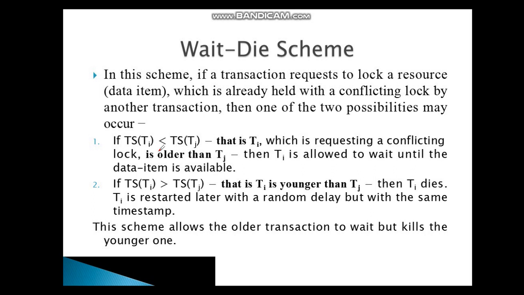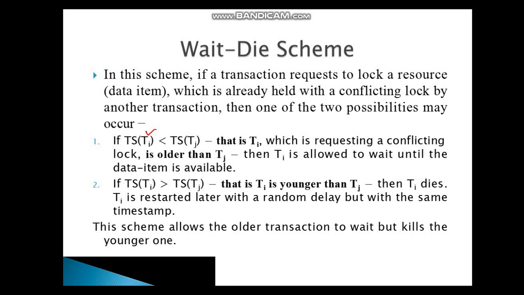So in this case, the timestamp of Ti is less than the timestamp of Tj, and Ti is allowed to wait. Ti must wait until the transaction Tj releases the lock and it is available for Ti.